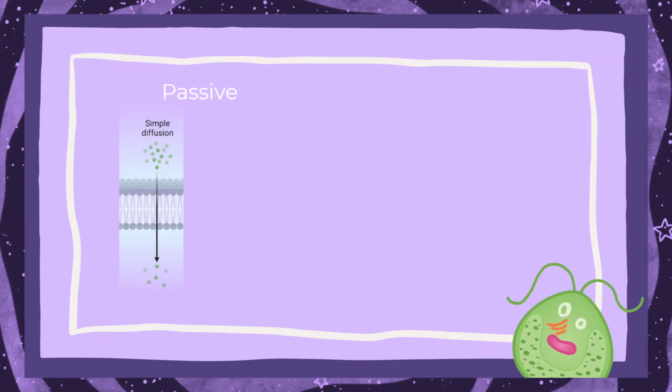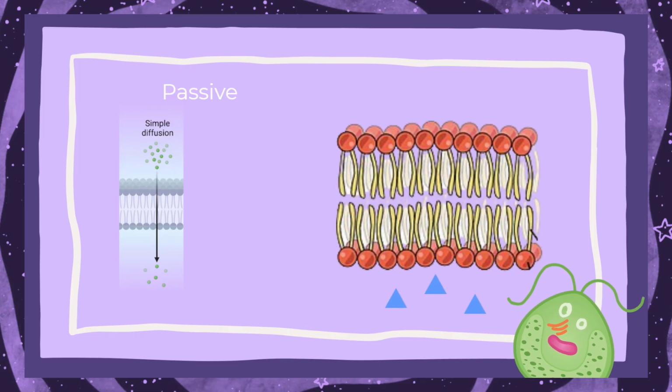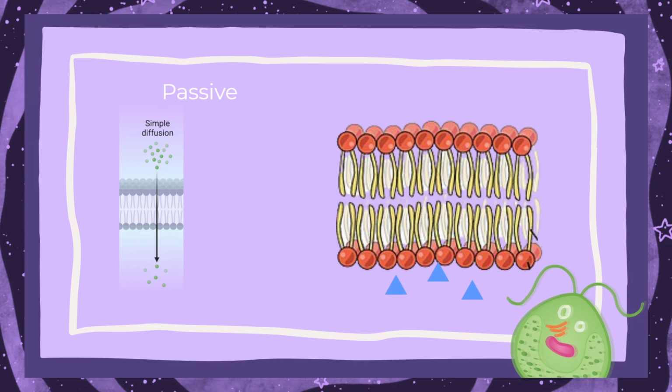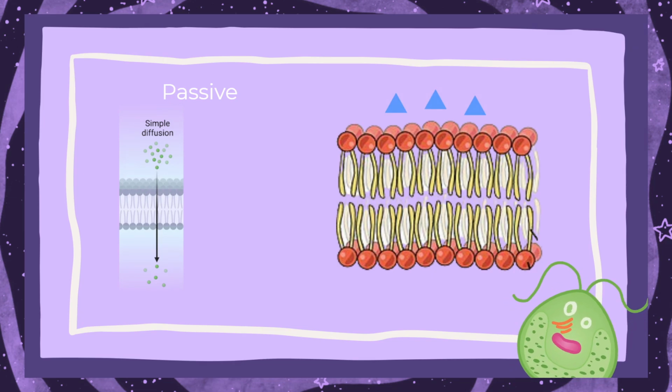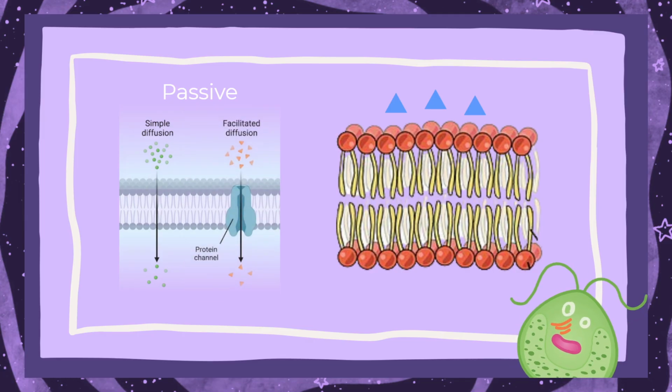One form of passive transport is simple diffusion. In simple diffusion, many nonpolar molecules such as oxygen and carbon dioxide are able to pass directly through the phospholipid bilayer. They do not need any assistance because they are small enough and do not interact strongly with the hydrophobic interior of the membrane.